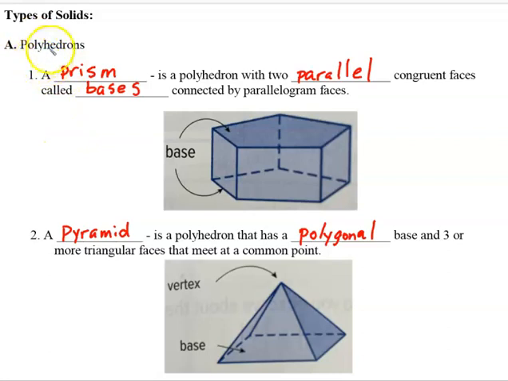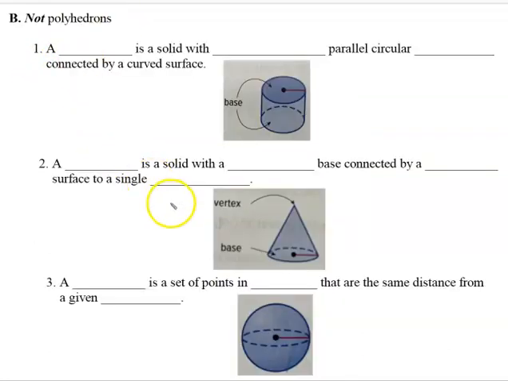They qualify as polyhedra. Now let's take a look at some counterexamples. These are solids, three-dimensional figures that we'll be looking at, but they do not qualify as polyhedra. One of these is called a cylinder. I've got a picture here.